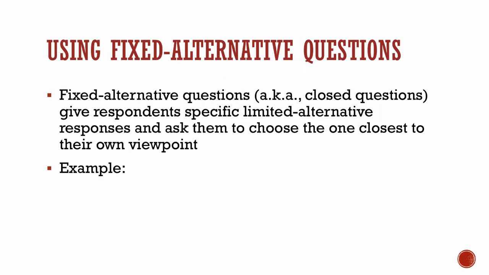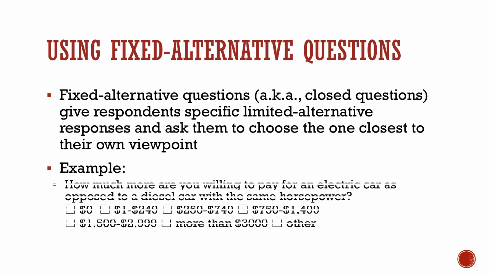Alternatively, fixed alternative questions require less interviewer skill, take less time, are easier to answer, and encourage break-offs less. In fixed alternative questions, the researcher provides respondents with specific limited alternative responses and asks them to choose the one closest to their own viewpoint.